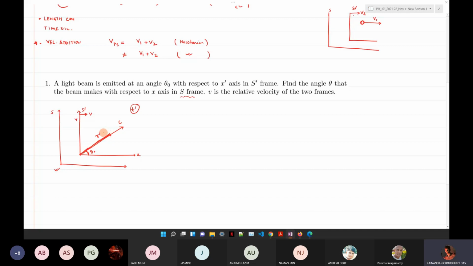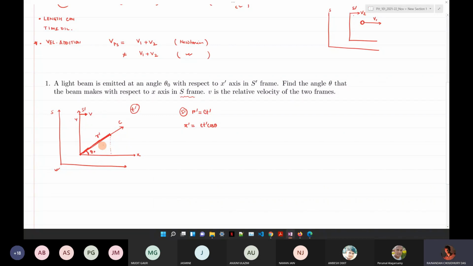How much distance will it cover? c t prime. So we know that r prime is c t prime. Now the component of this distance along x will be c t prime cos theta 0, right?